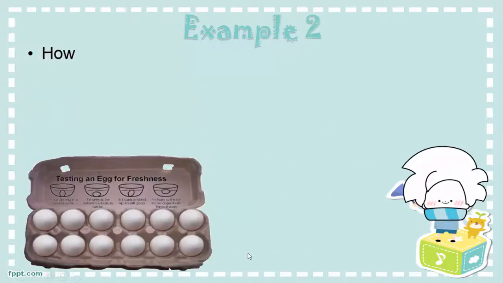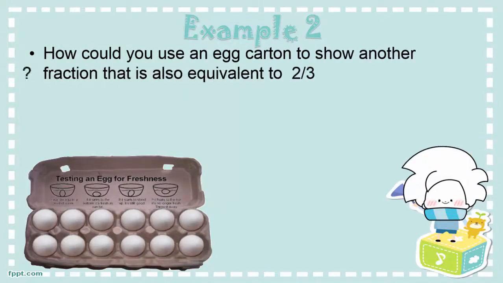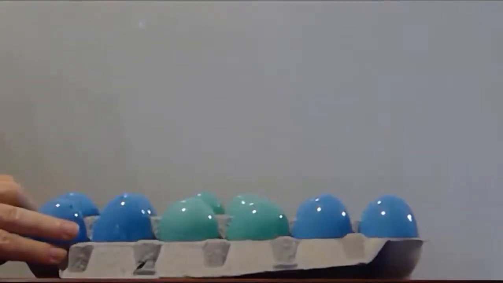In example number 2, we're asked how can we use an egg carton to show another fraction that is also equivalent to 2/3. So let us go over to the whiteboard and my carton of eggs, and I'll show you how to do this. An egg carton, as you see, we have 12 eggs here.